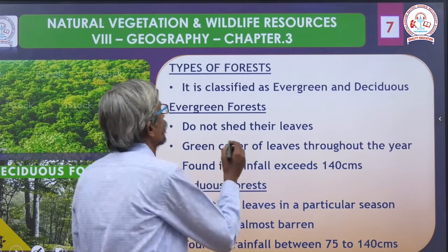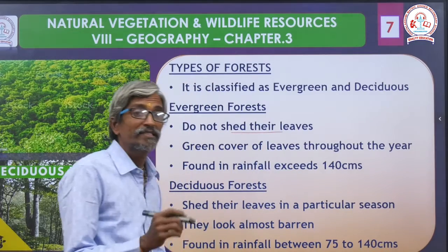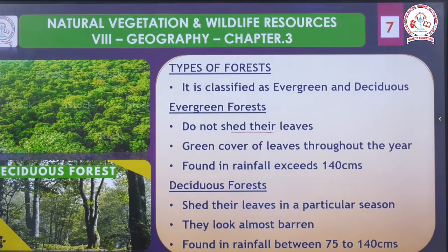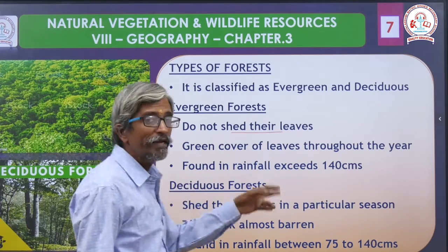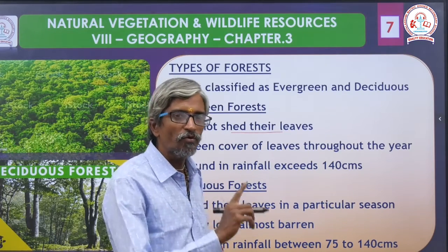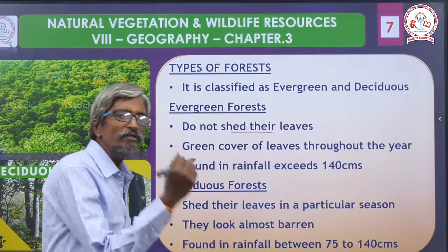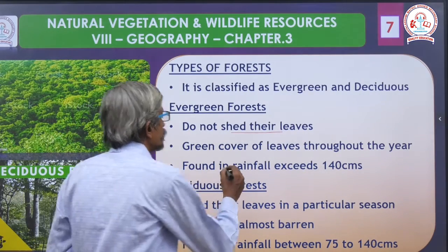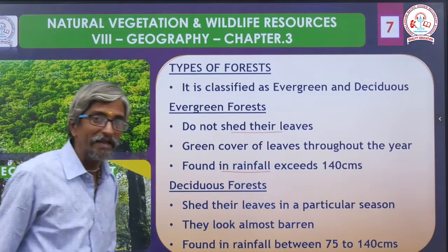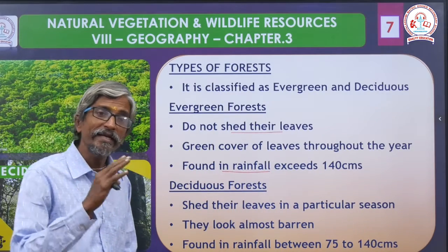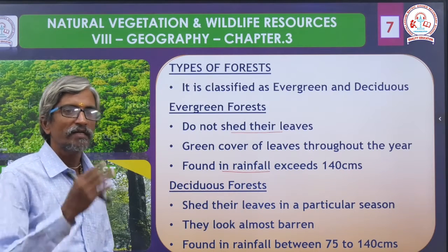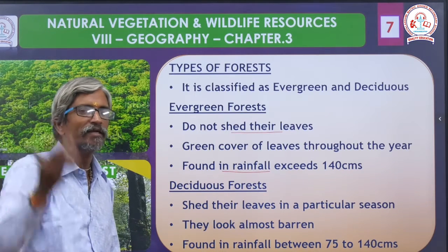The evergreen forest does not shed its leaves. It looks permanently green in color. Next, green cover of leaves throughout the year. Round the year we can see absolute greenery there. Next, it can be found where the rainfall exceeds 140 centimeters. That is why the trees in this forest are very high.